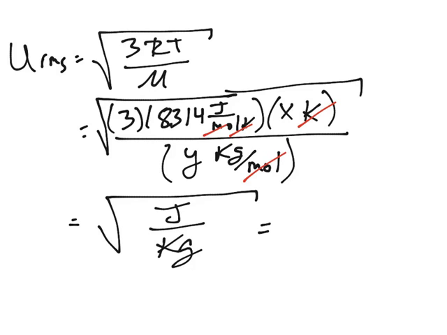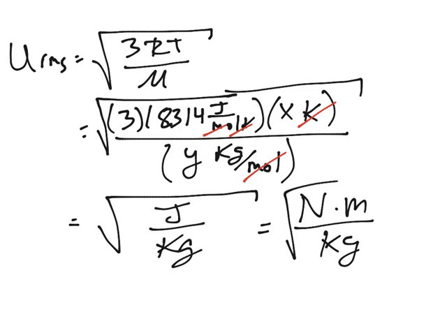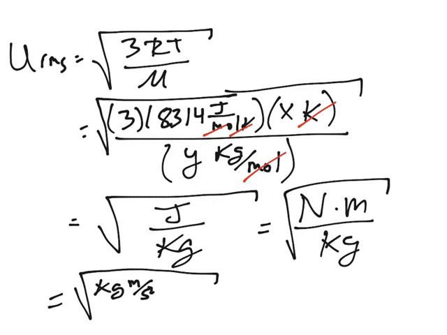And if you remember, a joule is a newton times meters, and we have our kilograms down here. And a newton is kilogram meter per second squared, times meters, over kilograms.